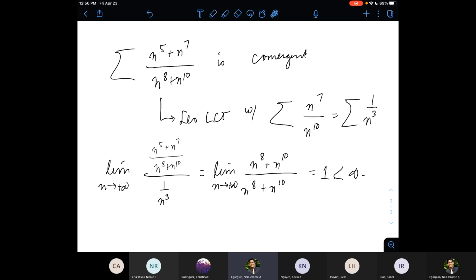Remember the LCT: if you take the limit of the ratio of the terms in two series and it happens to be a finite constant, not equal to 0, then they will either both converge or diverge. But my testing series is 1 over n cubed, which is a convergent p series because p is equal to 3. So this converges. So this guy will also converge because they behave in the same way in the limit.